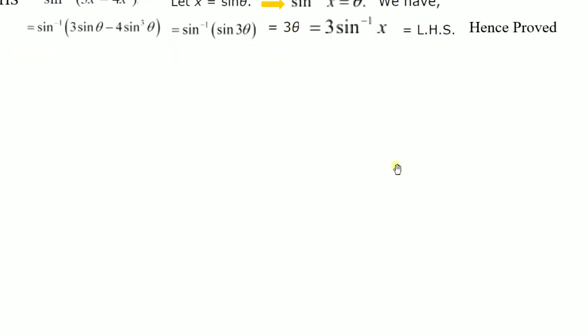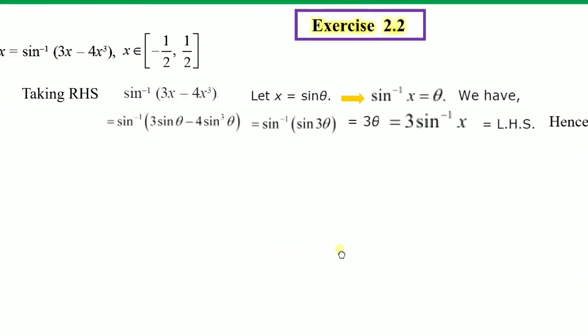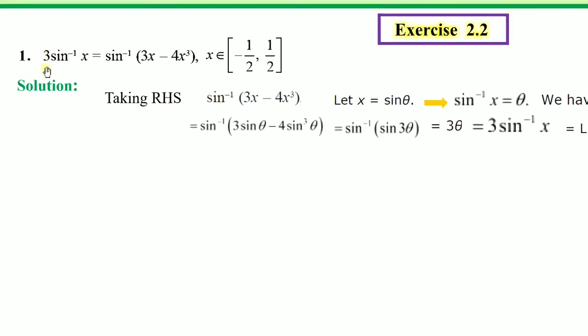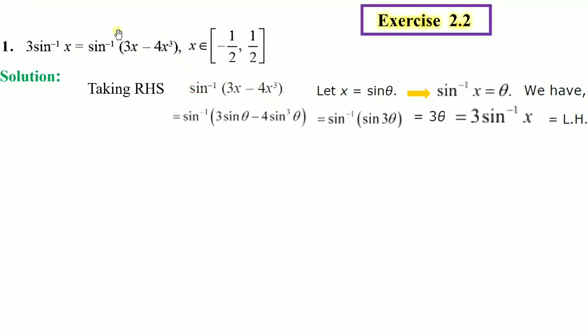Let me take you a little closer to this question. The question was 3 sine inverse x is equal to sine inverse of 3x minus 4x cube. We got one hint that this is a formula in general trigonometry.